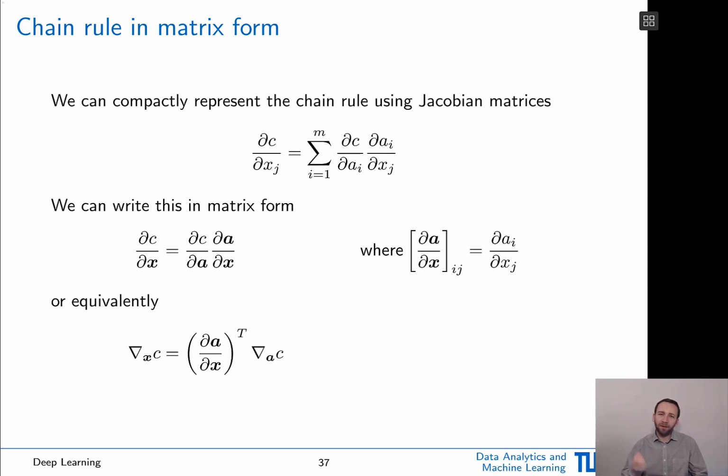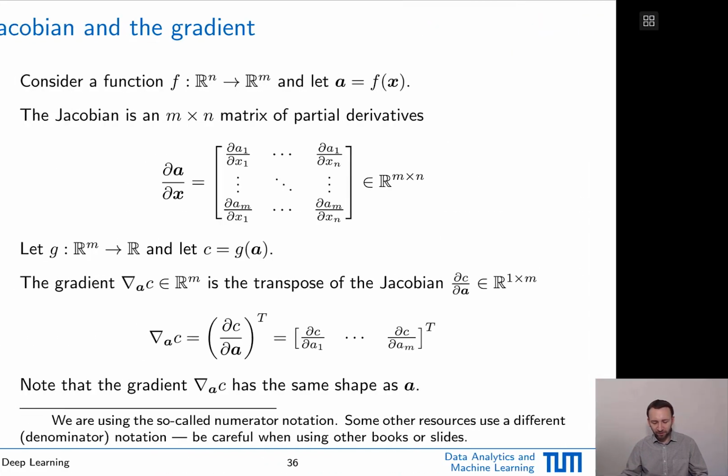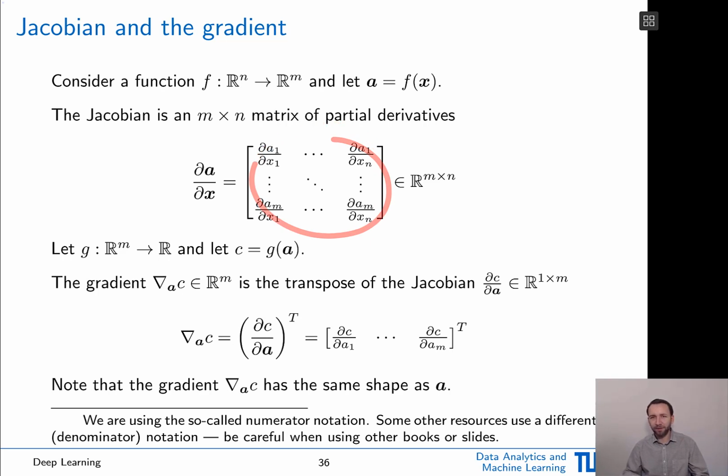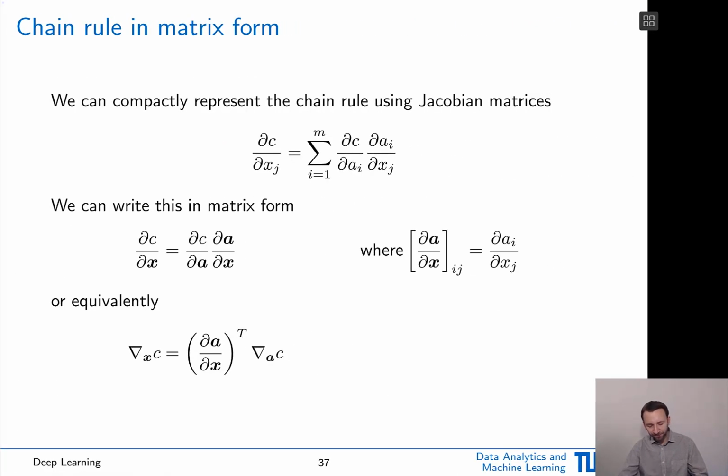Now, since we have the notion of the Jacobian, which collects all these partial derivatives together in one big matrix, we can also write it more compactly in this way. We have here our function we're interested in. We want to compute the derivative with every possible x, because we do not just have one x, we have multiple parameters.